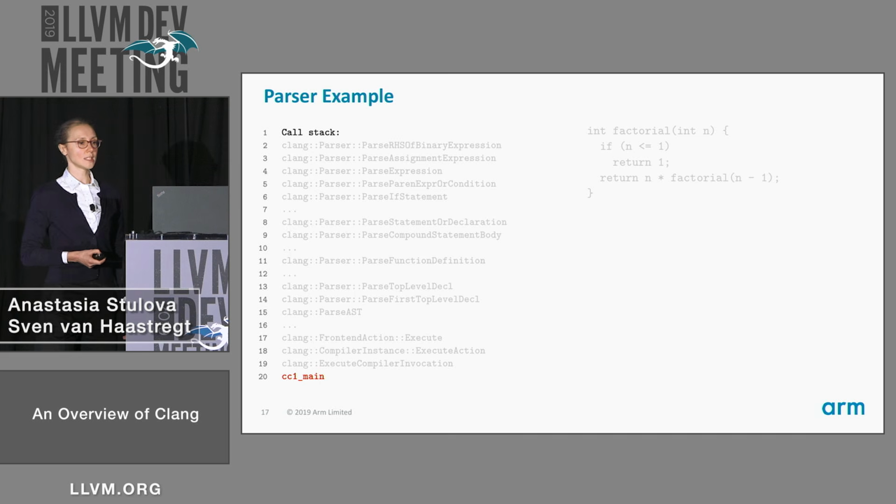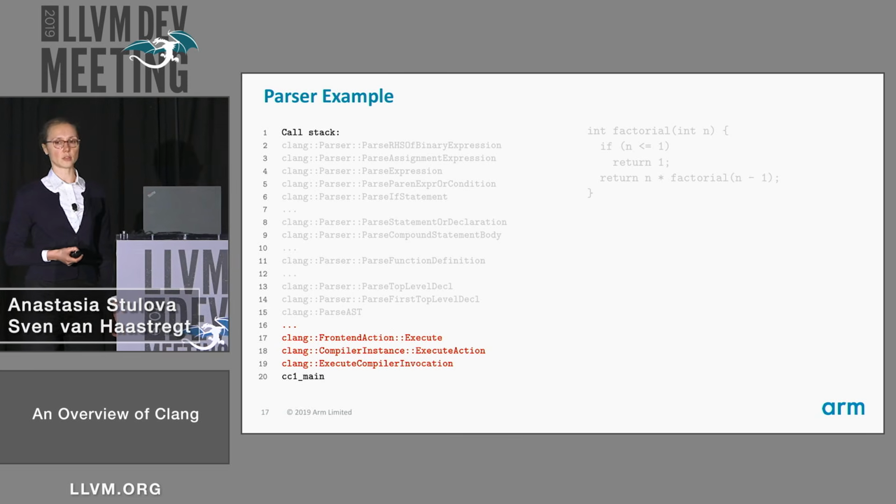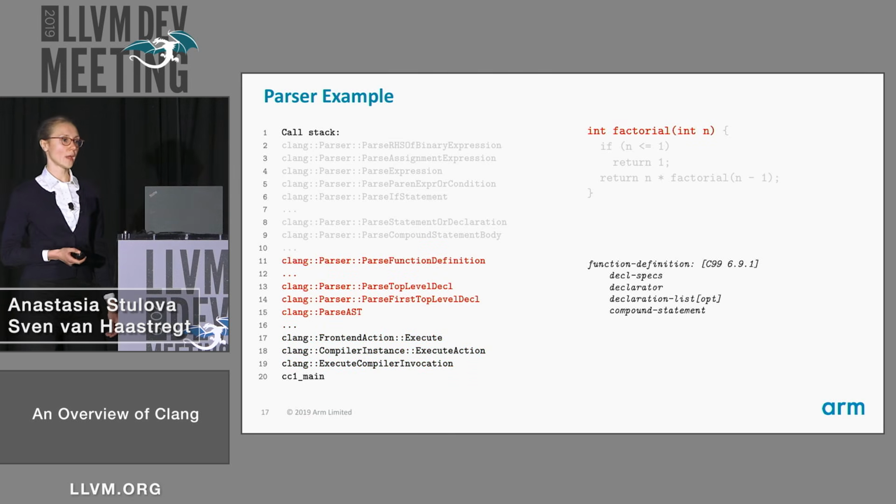We start from the cc1_main function, the entry point to Clang. Just to point out, the first few frames are not part of parsing. They belong to the compiler driver, as we explained earlier, since Clang is also a compiler driver. Then the first entry point to the parsing is the ParseAST function. From there, we start to match the grammar rules.